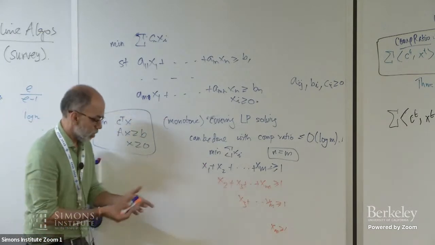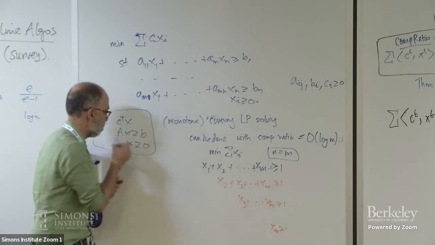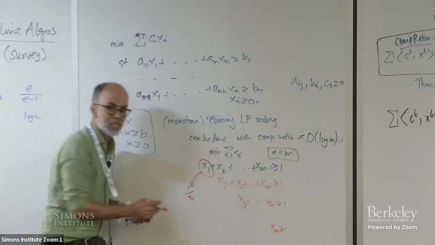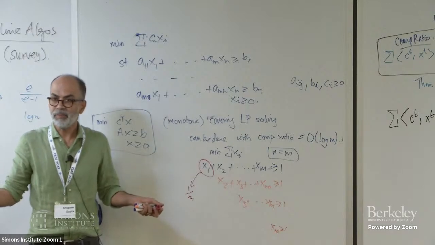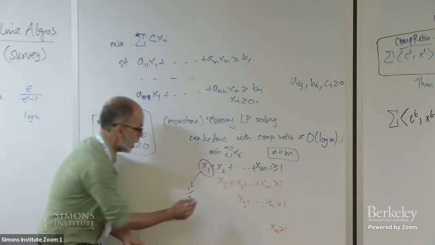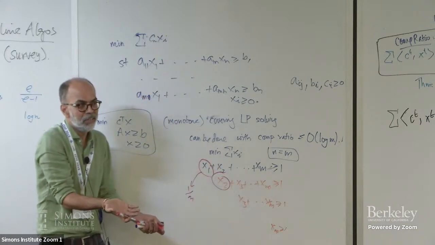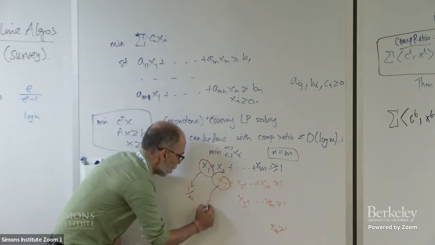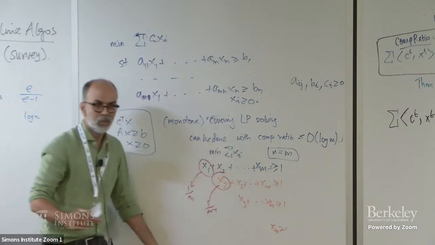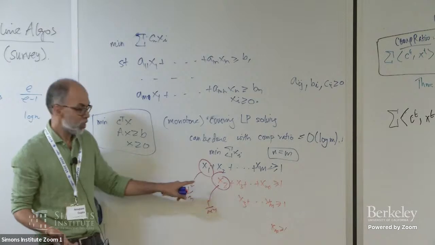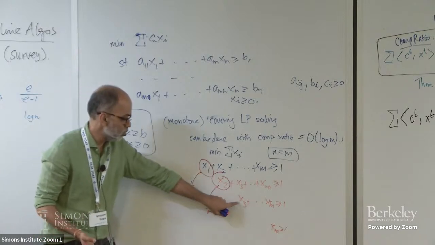And then this 1 over m mass that you put on the dropped variable is never going to be used again. It's lost mass. Next time you'll increase all the variables equally. Everything is symmetric. You'll put 1 over m minus 1 on all the variables, but the dropped variable will never be used again. How much are you losing? 1 over m, 1 over m minus 1, 1 over m minus 2, and so on.